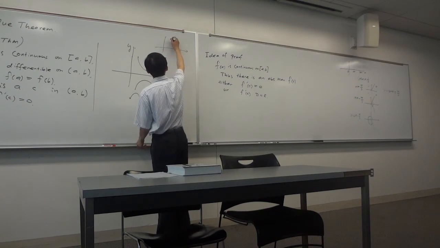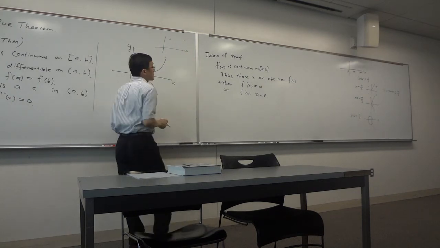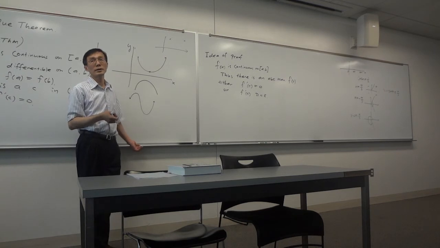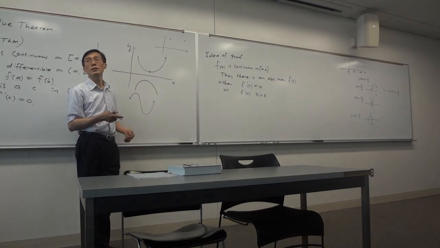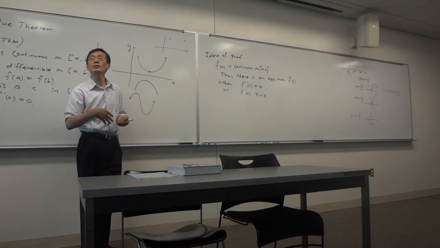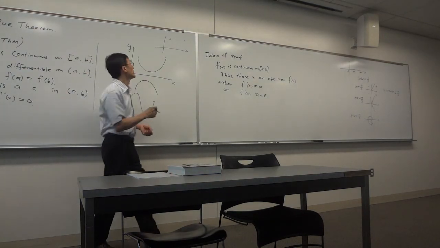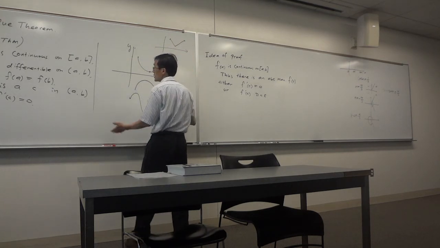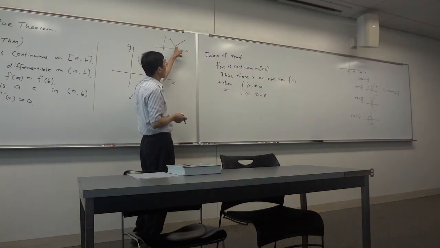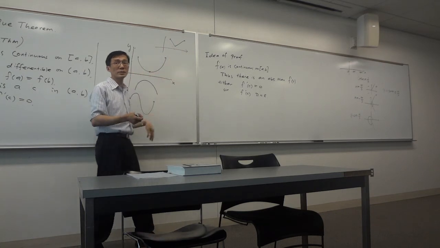Can you imagine a picture? This is f(a), this is f(b). There's some place where f' does not exist. What would that picture be? Like an absolute value kind of function, right? Yeah. So you can draw something like this. And then you say, hey, this theorem is not true, right? There's no such c such that f'(c) equals 0.